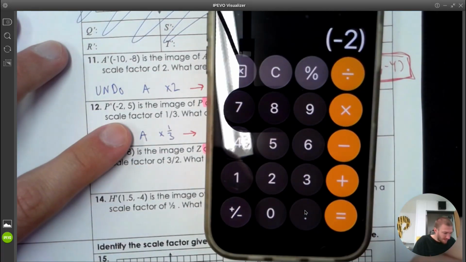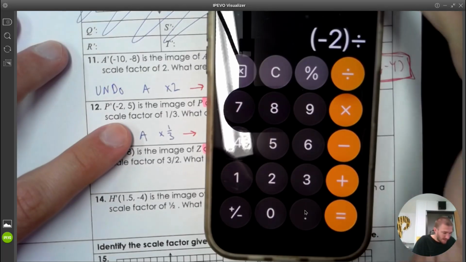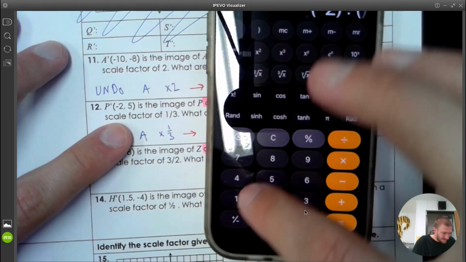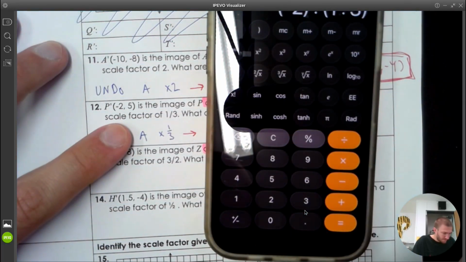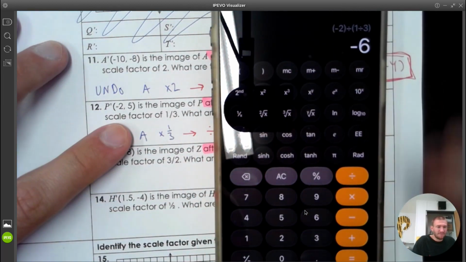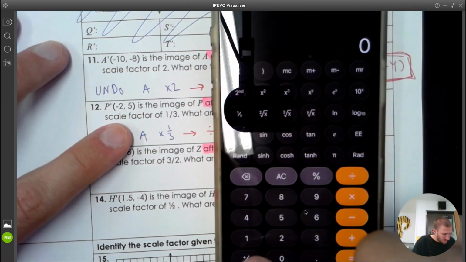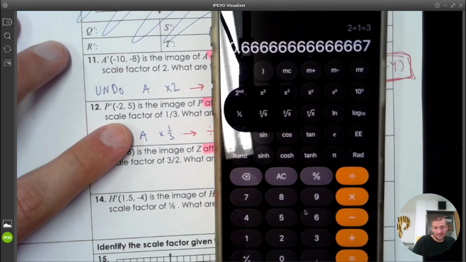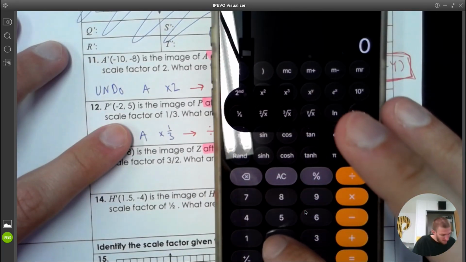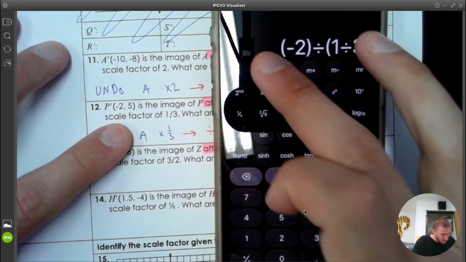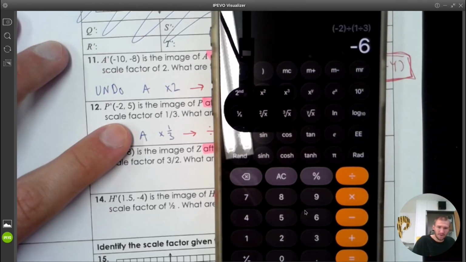If I type -2 divided by, and I'm going to have to upgrade to parentheses 1/3, we get this number. So we're getting two different answers here. -2 divided by 1/3, that's a decimal, or -2 divided by parentheses 1/3, we get this number.